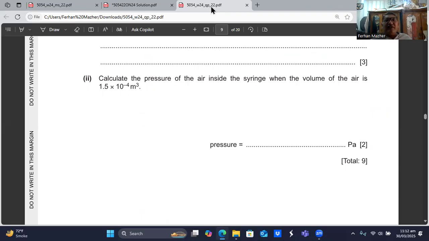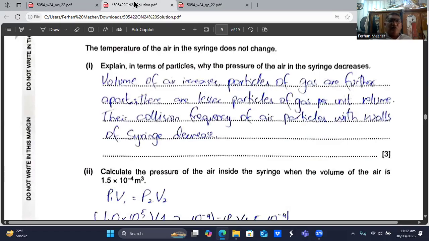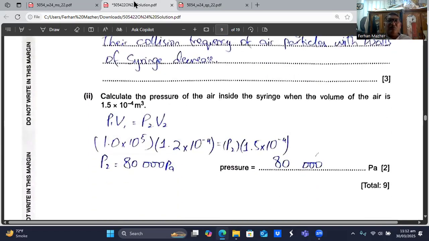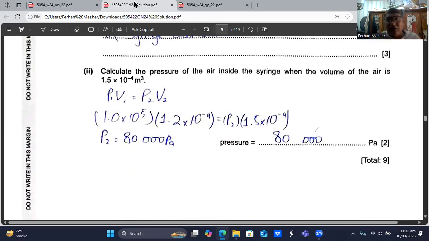Calculate the pressure of the air inside the syringe when the volume of the air is 1.5 × 10^-4 m³. So we will apply that formula P1 V1 equals P2 V2. This formula is applied whenever the temperature of the gas is constant and you have changed the volume, and the pressure obviously will change.